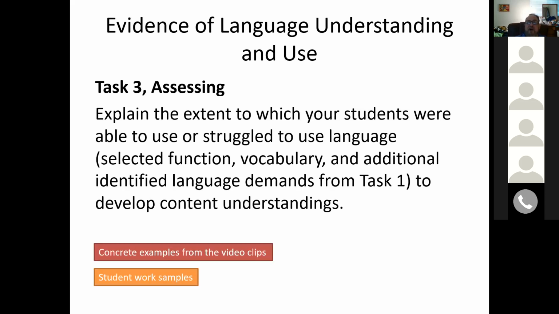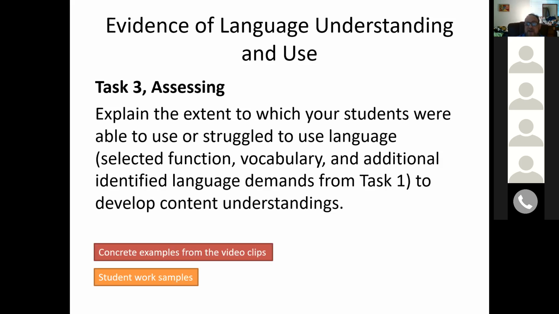Evidence of language understanding and use. In task 3, which is the assessment task, explain the extent to which your students were able to use or struggled to use language, selected function, vocabulary, and additional identified language demands from task 1 to develop content understandings.